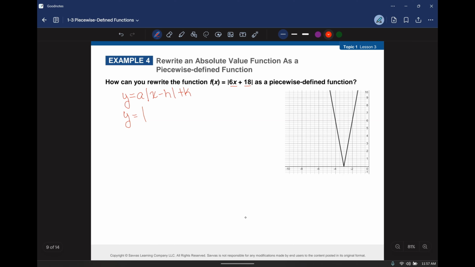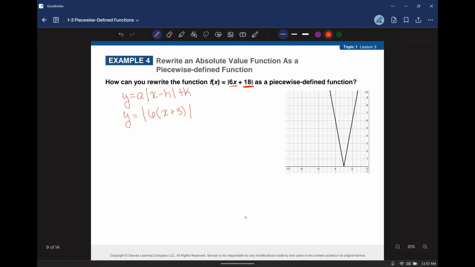So let's take, I don't have an a out here right now, but let's factor out a 6. So 6x divided by 6 is x, and 18 divided by 6 is 3. And then I don't have anything being added back here right now.